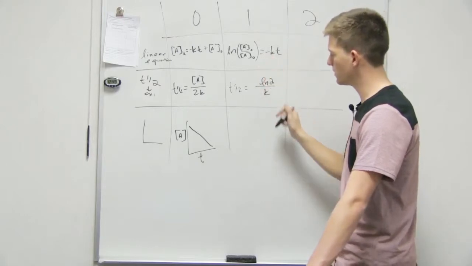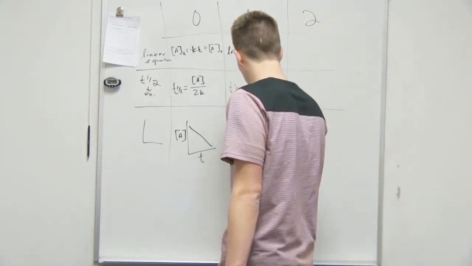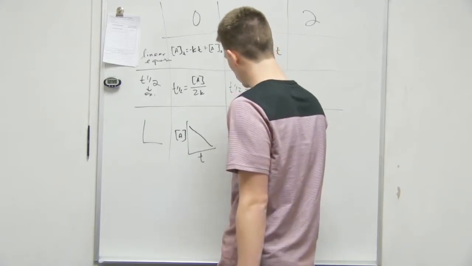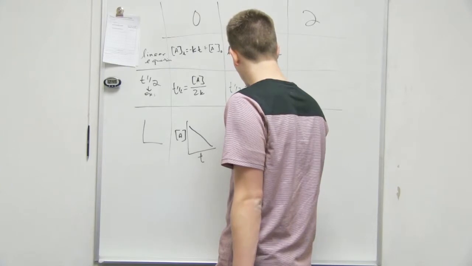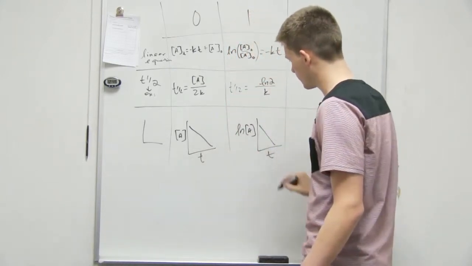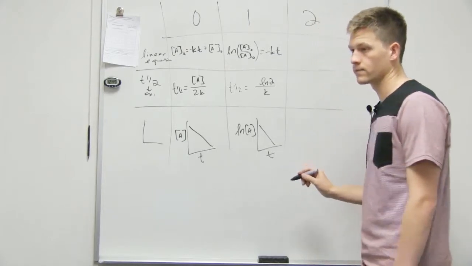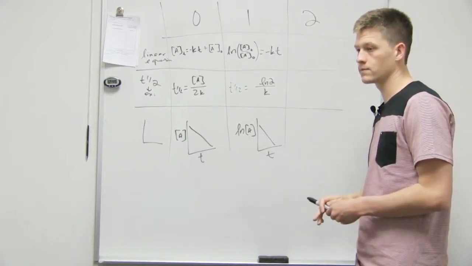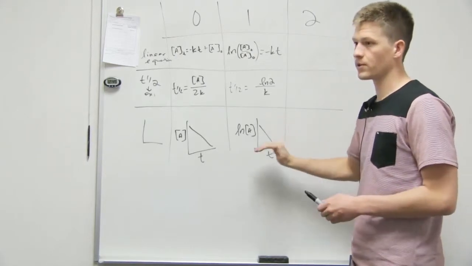For our graph, following the trend, it's ln of A versus time. The ln of A is just ln of A, not of initial or time or anything, so it's at each point.